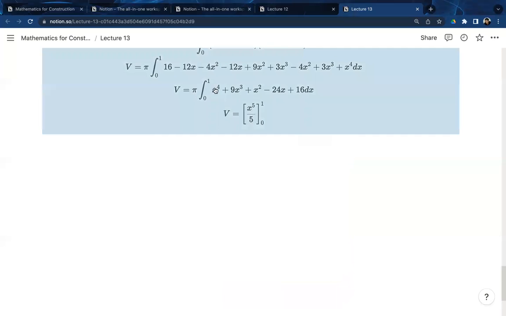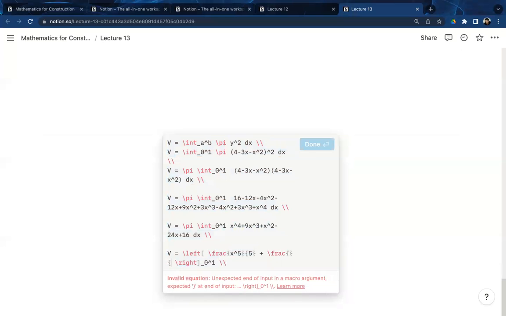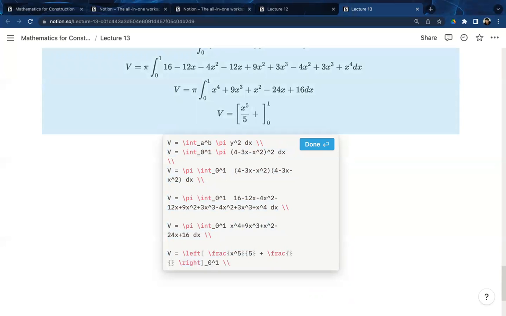So if you integrate x to the 4, you get x to the 5 over 5. This is 6x to the 4 over 4. Integral of x squared is x cubed over 3.